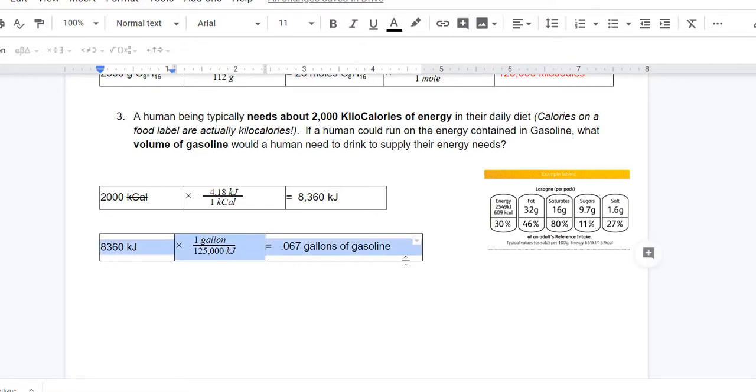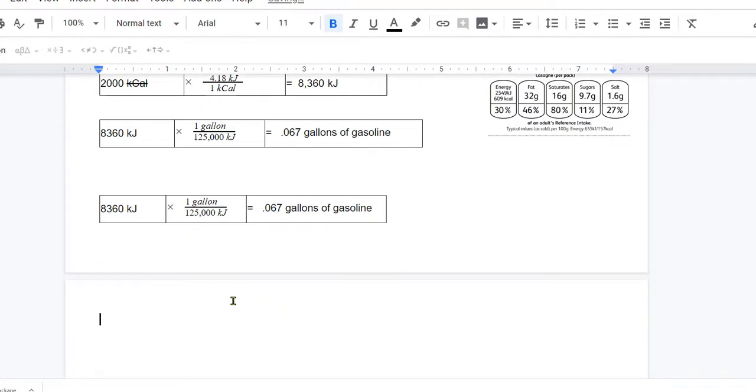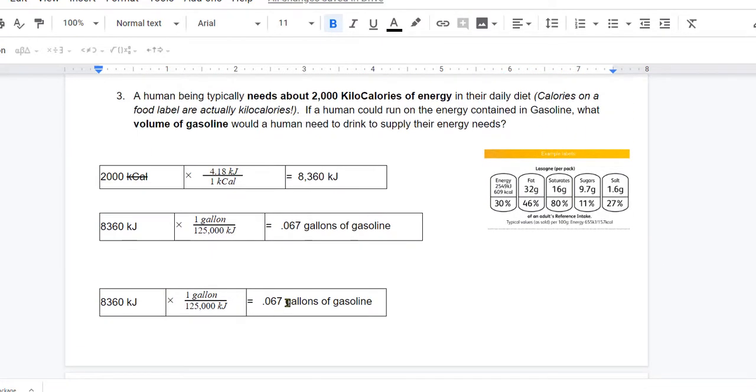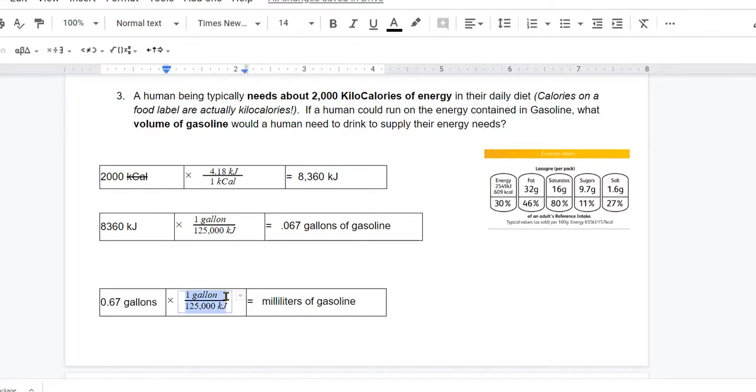And let's convert 0.067 gallons. I'm copying and pasting again. Into milliliters. So instead of gallons, we'll have milliliters. I'm hoping you're familiar with that from the lab. And now we just start with where we left off, 0.067 gallons. And here we'll get this from Google.